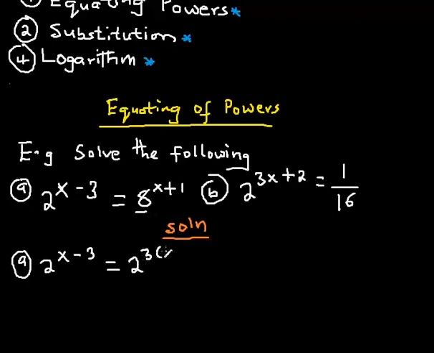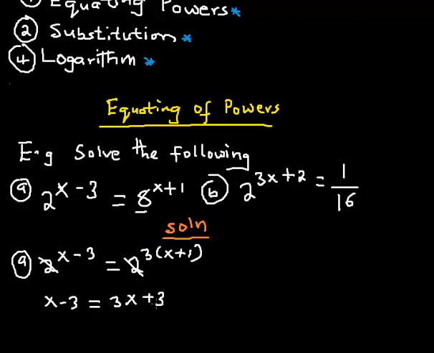As you can see, the base on either side of the equation is the same, so the base cancels out, and I can now equate the powers. So I'm having x minus 3 is equal to, opening the bracket, 3x plus 3.